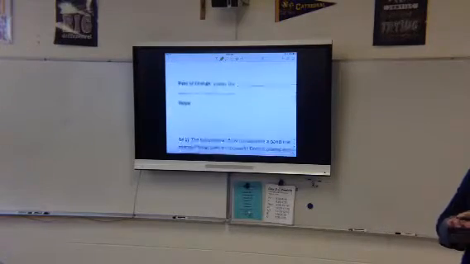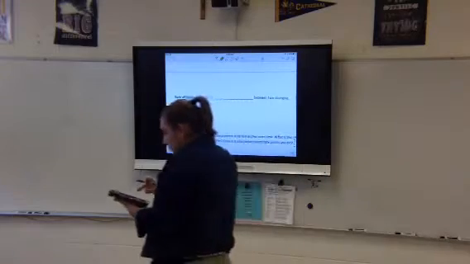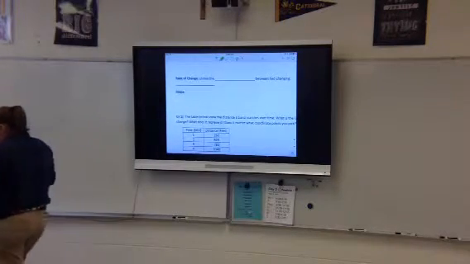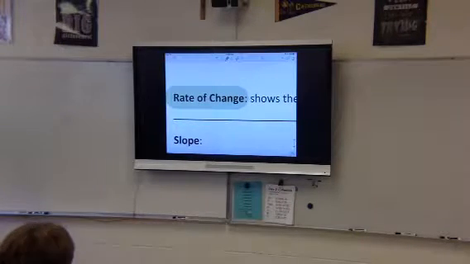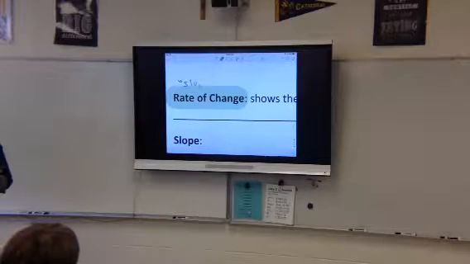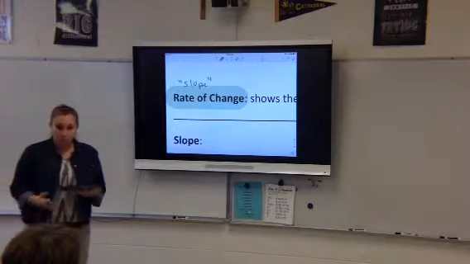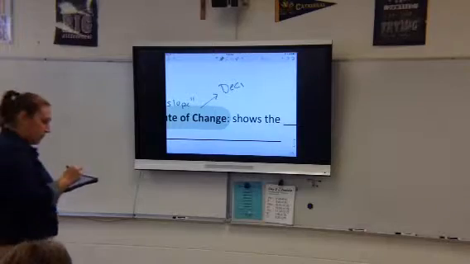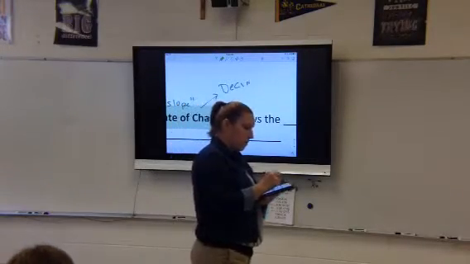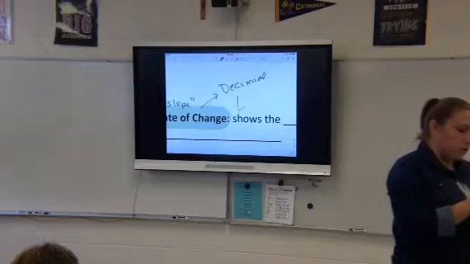Okay, so let's go ahead and go to the next page here. Then we have what's called rate of change. We're going to put a couple notes about rate of change. Rate of change is a fancy word for slope. It means you're going to find slope. So when you see rate of change, you need to think slope. You also need to think that it's always going to be applied to a real world situation usually, or in some sort of table. Usually when we do rate of change, we need a decimal answer, and we need to label it.